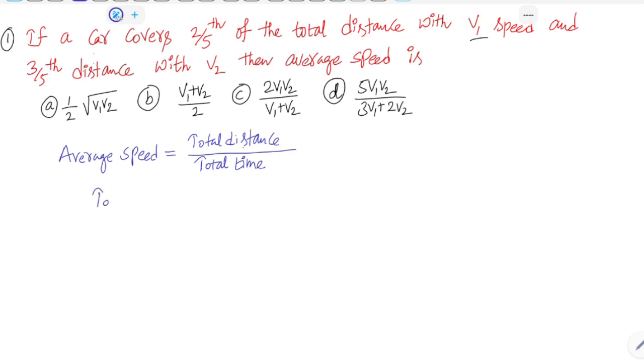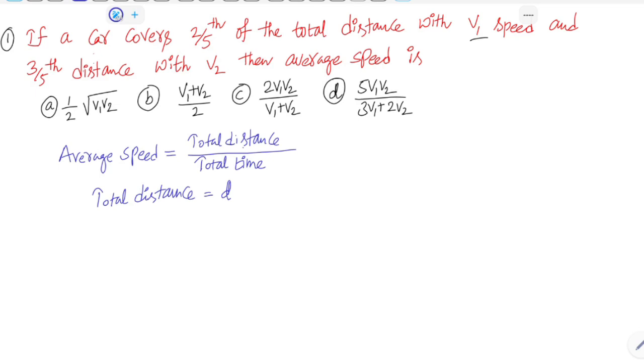Let me tell you the total distance is, suppose, d. Now we want to find the total time. Now I am dividing the total time into two parts. One part is T1 and another part is T2.